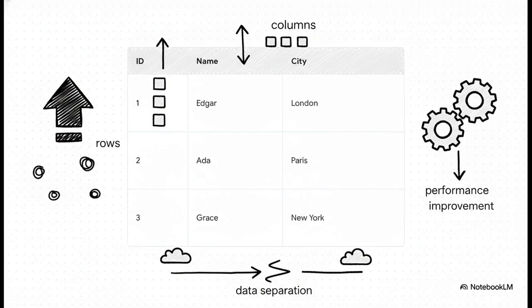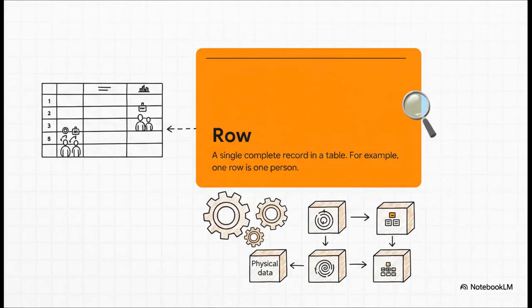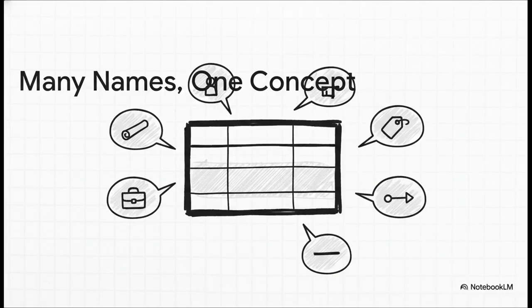Let's quickly break down what we're looking at here. Okay, so a row is basically one complete record. In this table of people, one row is one person. It's got all their info bundled together, their ID, their name, and their city. Simple enough, right? Now, here's a heads up. You're going to hear a ton of different names for this. Business folks might call it a business object. Other people might say record or entity.